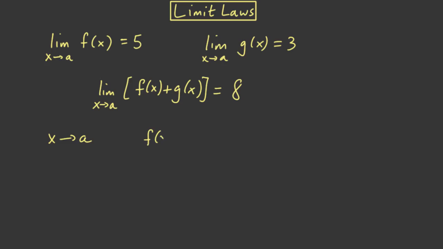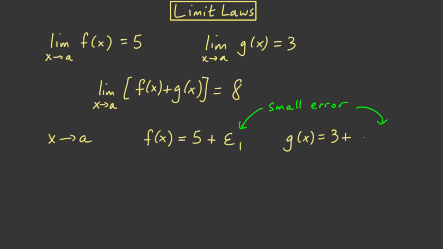So we can write f of x equals 5 plus this little e, and e stands just for small error. This is actually the Greek letter epsilon, and I'm going to call it epsilon sub 1, since we're going to have another one for g. G of x we know is going to be 3 plus some small error of its own, which I am going to call epsilon sub 2.